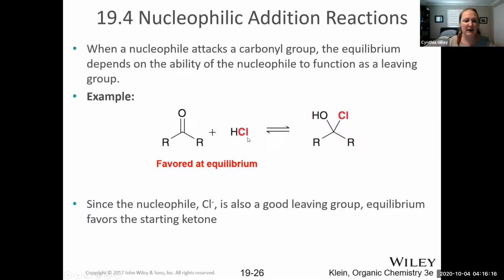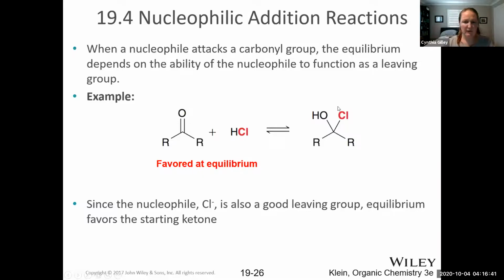The nucleophile is chloride in the reaction, and that's why we see the chloride incorporated into the product. But in the reverse reaction, if we were going back to the ketone and HCl, then chloride would have to act as a leaving group. So in the forward direction, it acts as a nucleophile. In the reverse direction, it acts as a leaving group.